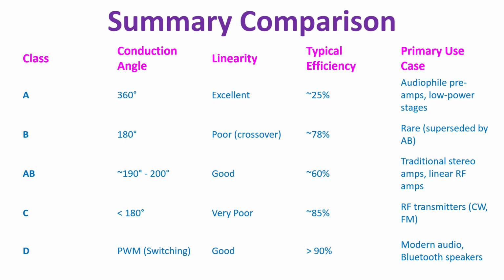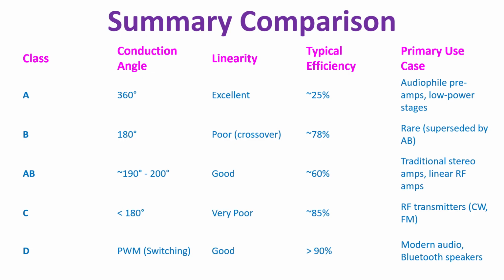Class AB, angle of conduction 190 degrees to 200 degrees. Linearity is good. Typical efficiency around 60%. Primary use case: traditional stereo amplifiers, linear RF amplifiers. Class C, conduction angle less than 180 degrees.